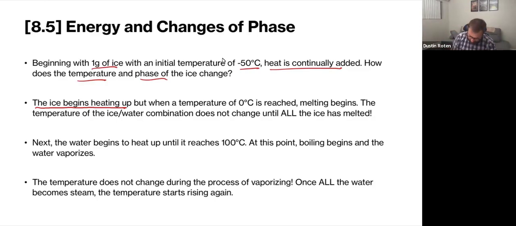But when a temperature of 0 degrees Celsius is reached, melting begins. Because remember, that temperature is actually our, for now, transition point for water. So this is water's transition point.